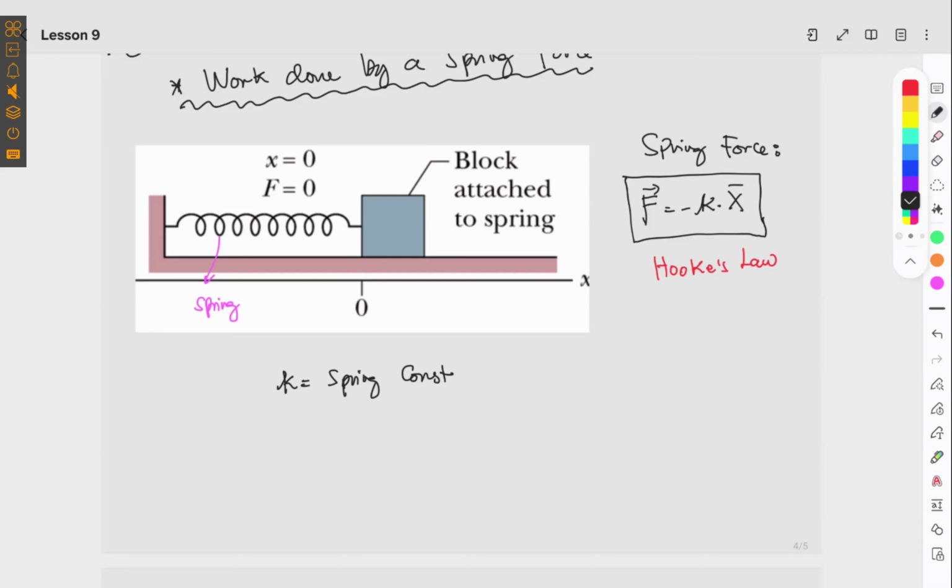The spring constant is specific to the material of the spring, such as stainless steel or iron. This measures spring stiffness.